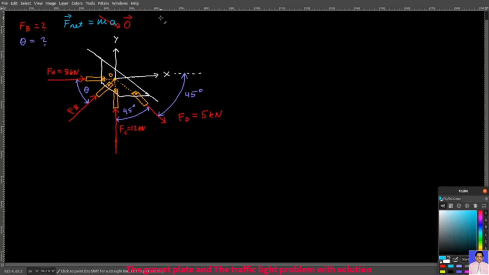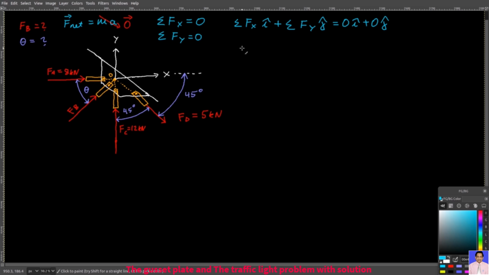In other words, I can write that the sum of all the forces in the x direction equals 0, and the sum of all the forces in the y direction also equals 0. Or alternatively, I can write the sum of all the forces in the x direction times i plus the sum of all the forces in the y direction times j equals a zero vector, meaning that it's 0 times i plus 0 times j.